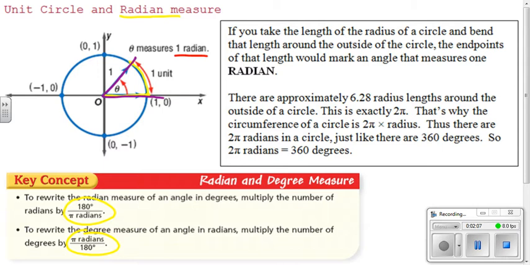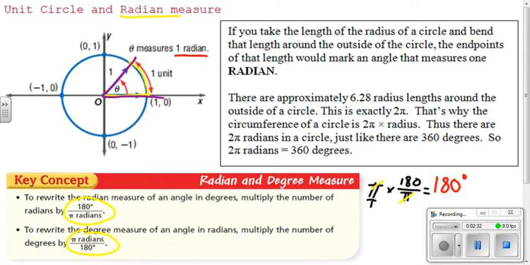So if I had pi radians and I wanted it in degrees, I would simply multiply by 180 divided by pi, in which case, call this pi over 1, our pi's would cancel, and we'd just be left with 180 over 1, or we could say 180 degrees.